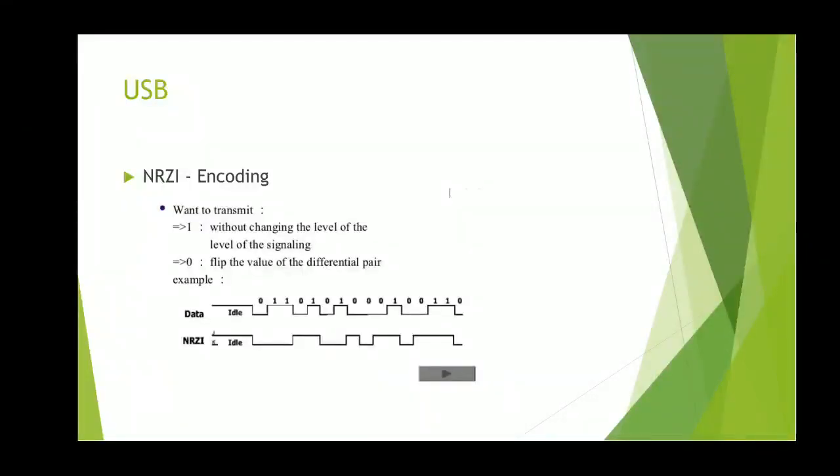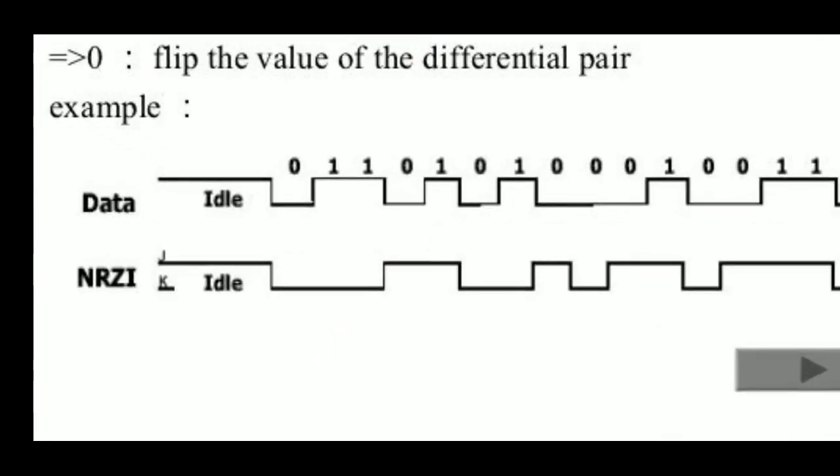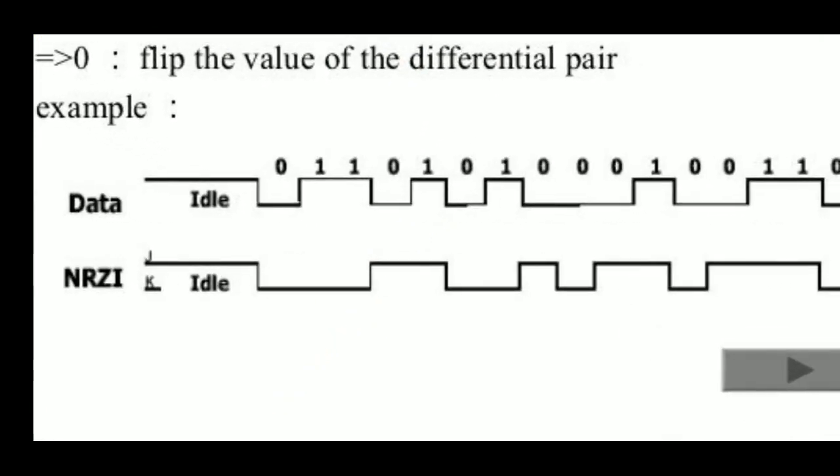Now let's go through the NRZI encoding or non-return to 0 encoding. In NRZI encoding, we can transmit 1 without changing the level of the output. And if we want to transmit 0, we need to flip the voltage level at the output. Here we see there are two lines.